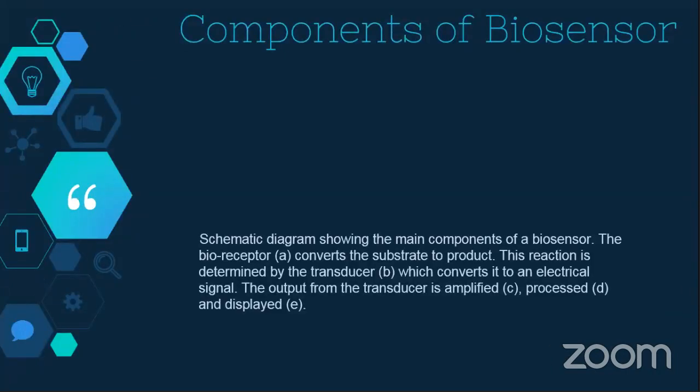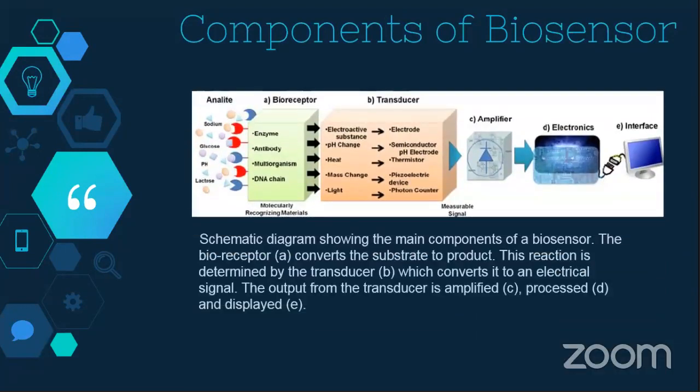Components: if you see the schematic diagram of how it works, the components of a biosensor, you first have an analyte. What is an analyte? An analyte is a substance of interest that needs detection. For instance, glucose is an analyte in a biosensor designed to detect glucose. Then you have a bioreceptor.